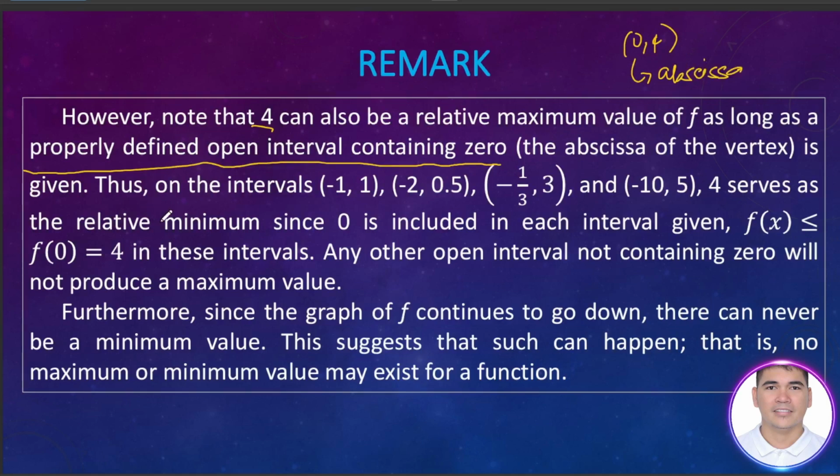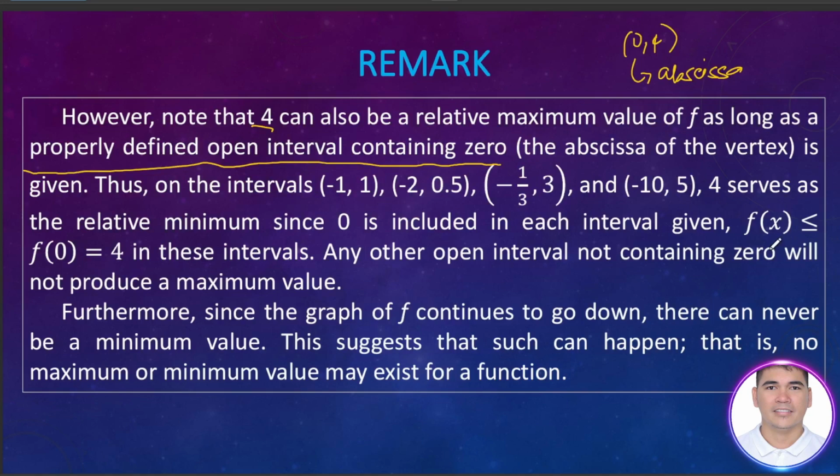Thus on the open interval (-1, 1), x includes 0. For the open interval (-2, 0.5), 0 is included. For the open interval (-1/3, 3), 0 is also included. And for (-10, 5), 0 is also an element of this interval.